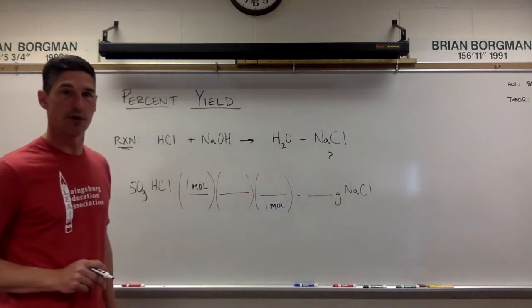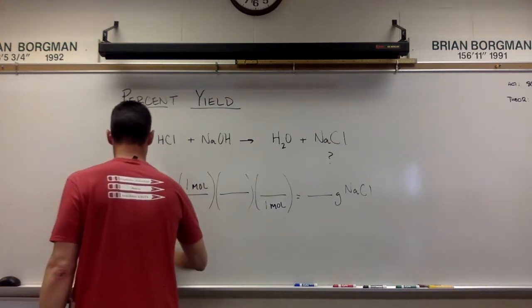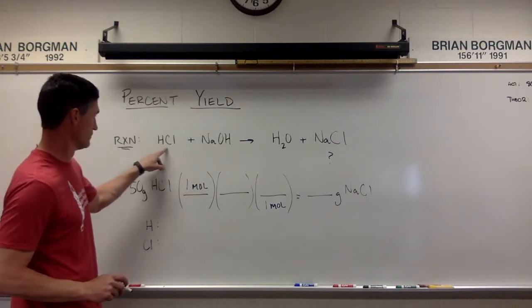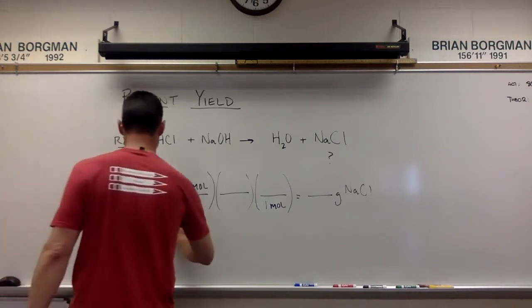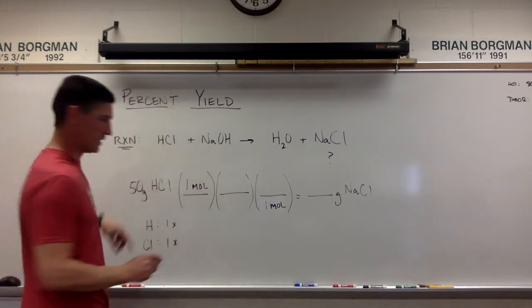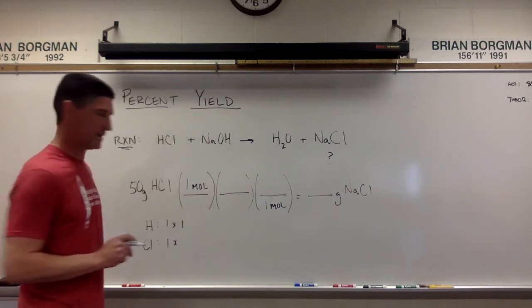Here, I need to know what the molar mass of HCl is. I have 1 of each one of them, right? 1 hydrogen, 1 chlorine. The mass of hydrogen is 1. The mass of chlorine is 35.5.